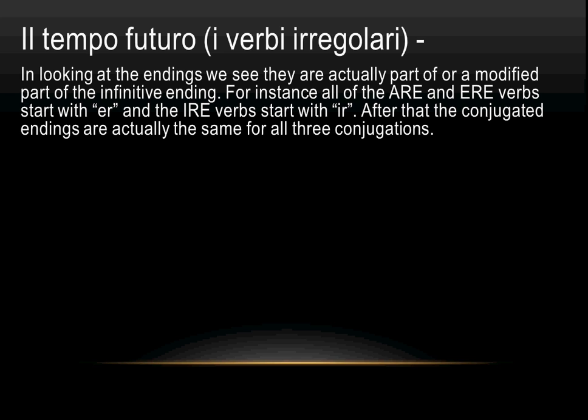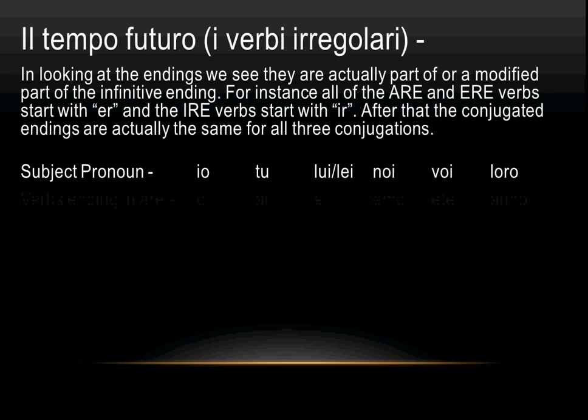Okay, and looking at the endings, we see that they're actually a part of or a modified part of the infinitive ending, as we were talking about. For instance, all of the are and ere verbs start with er, and the ire verbs start with ir. After that, the conjugated endings are actually the same for all 3 conjugations, which are o, ai, a, emo, ete, anno.